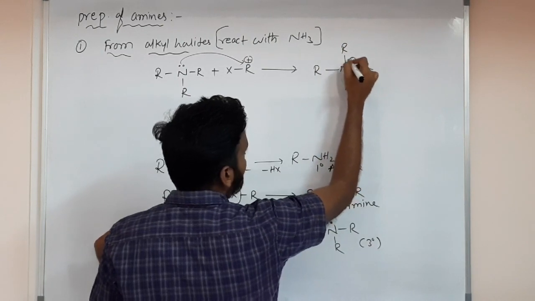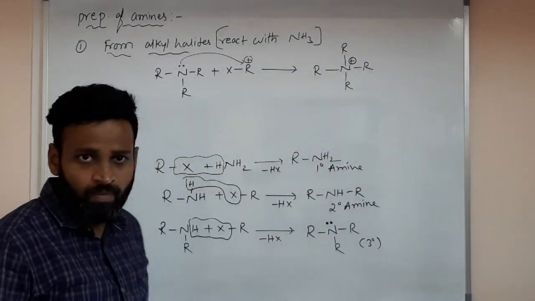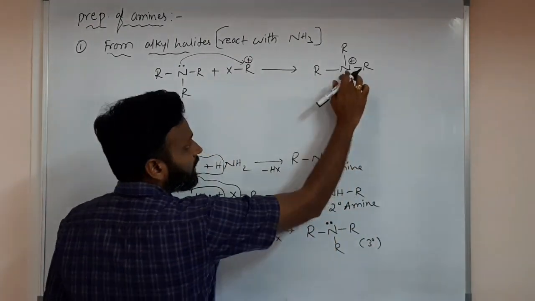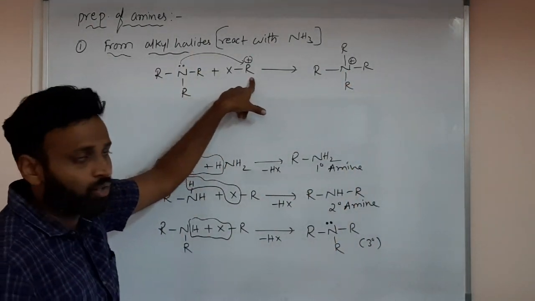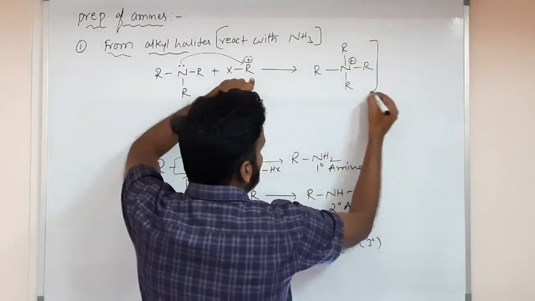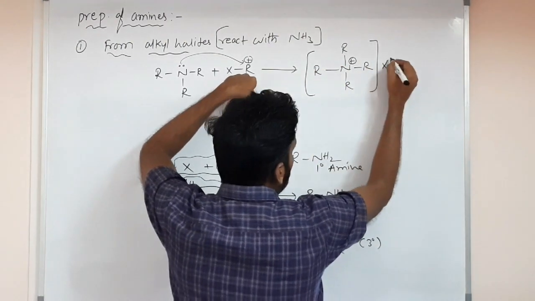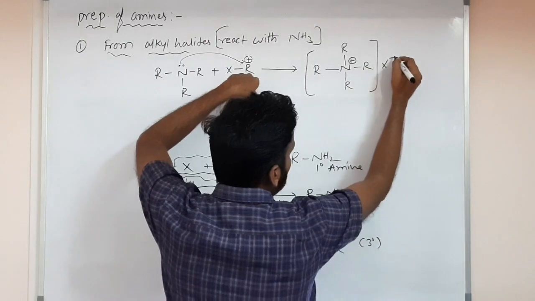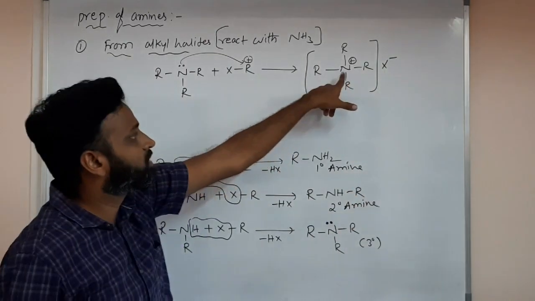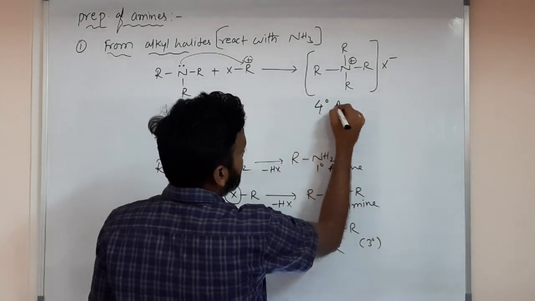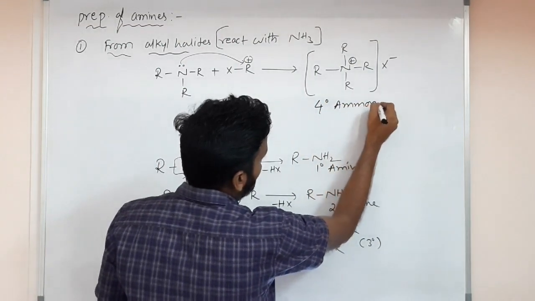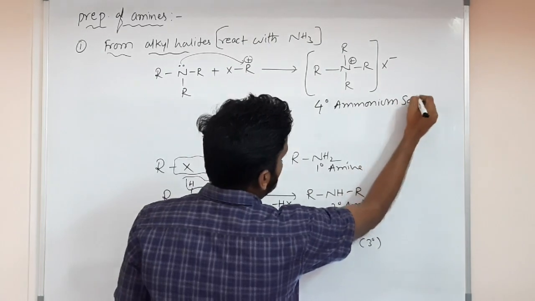The lone pair is utilized by nitrogen. That's why nitrogen has a positive charge now, because that lone pair was donated to the R group. So this is R4N plus X minus. This is a quaternary ammonium salt.